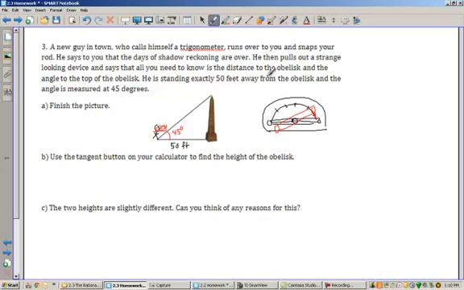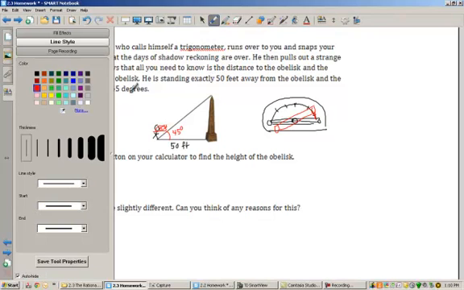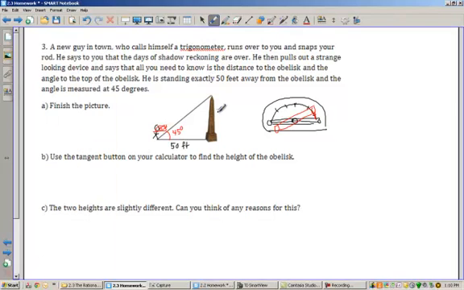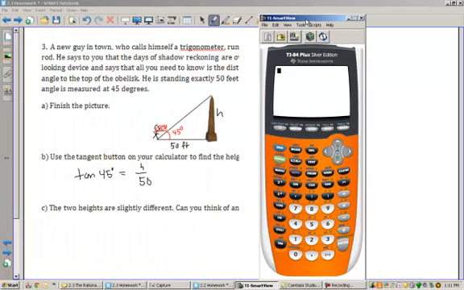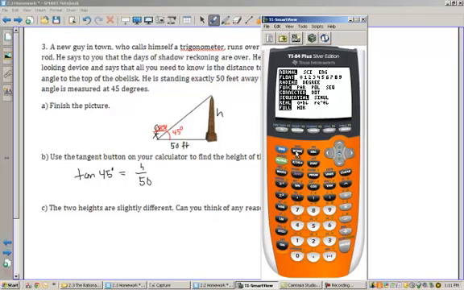Let me label the height here first. For the height, I can use the letter H. And I know from my trigonometry that the definition of the tan of theta is the opposite over the adjacent. So tan of 45 degrees is going to give me H over 50. I can use my calculator to figure out the tan of 45. Make sure your calculator is in degree mode, so hit mode, and you see down here it says radians or degrees.